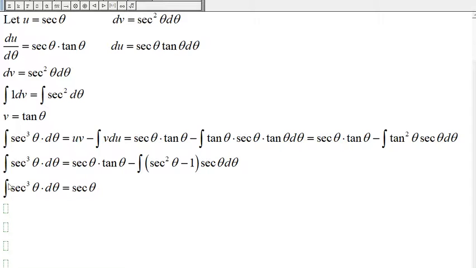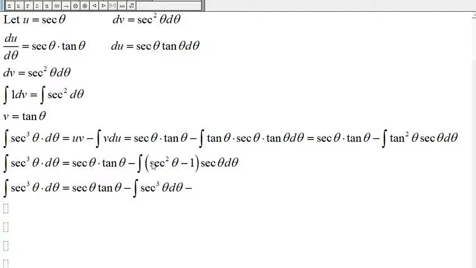So now we have secant tangent, and then we'll rewrite this right here. This is minus the integral of secant squared times secant, which is secant to the third theta d theta, and then secant times 1 is just secant.